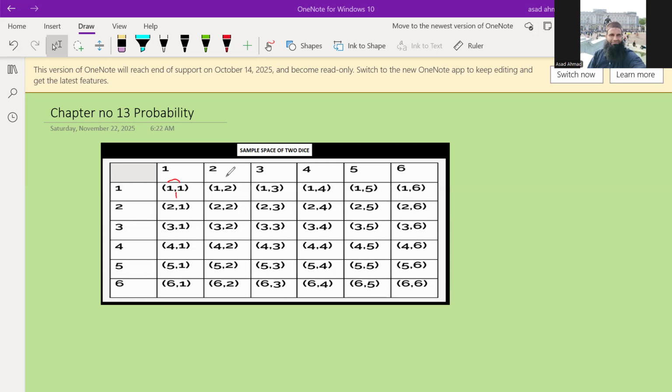So 1 into 1 will become 1, 1 into 2 will become 2, 1 into 3 will be 3, 1 into 4, 1 into 5, 1 into 6. Similarly, 2 into 6 will become 12, 10, 8, 6, 4, 2, and the largest one will be 6 into 6, 36. So the product of faces will start from 1 till a maximum of 6 into 6, 36. So this is how we will be making a table consisting of the product of faces.